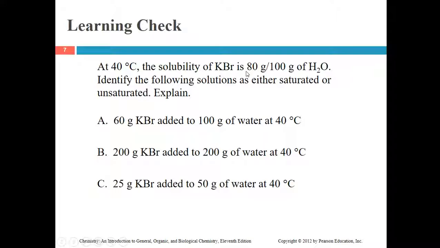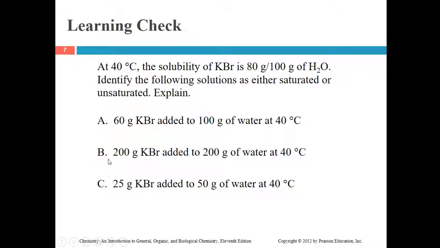Well, we know there that we could still put 20 more grams in here before it is considered saturated. So that means this is unsaturated. Another way to look at it is it's only 60%, whereas up here 80% for saturation.